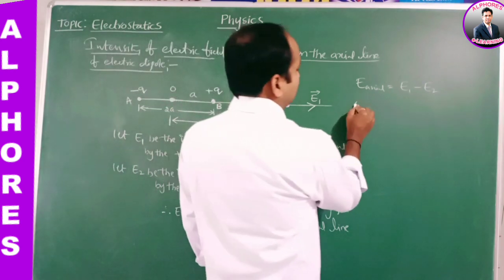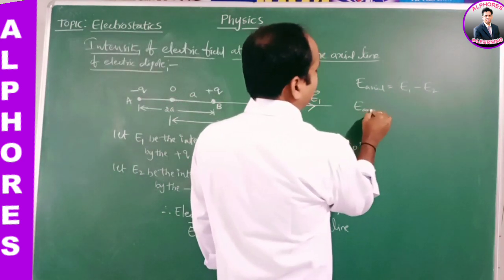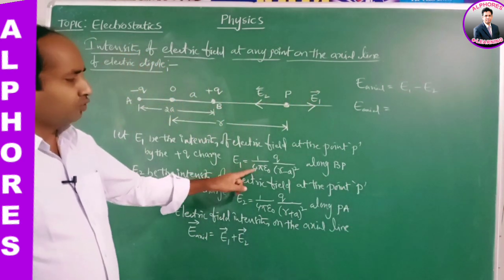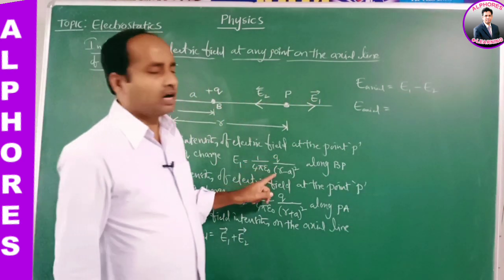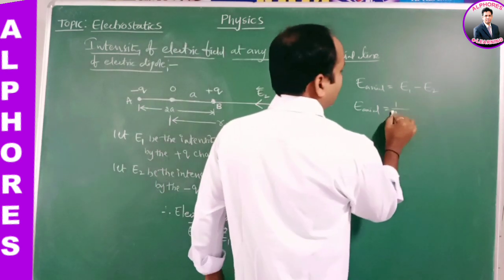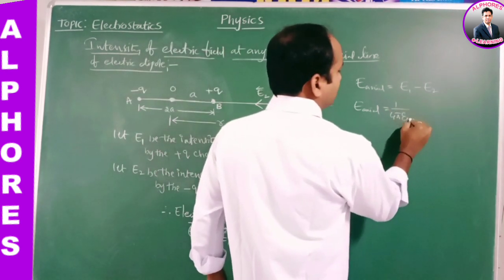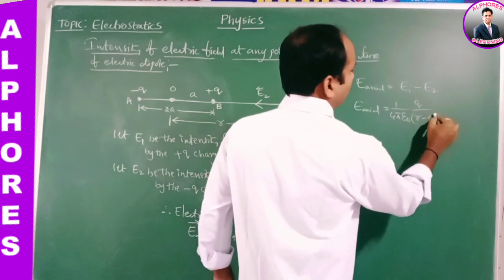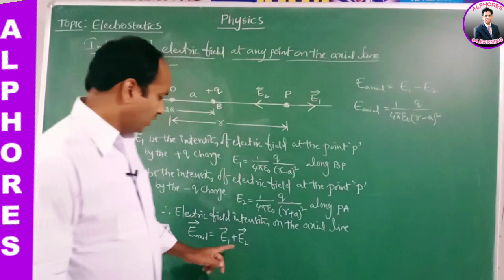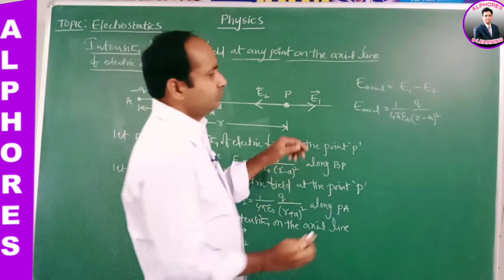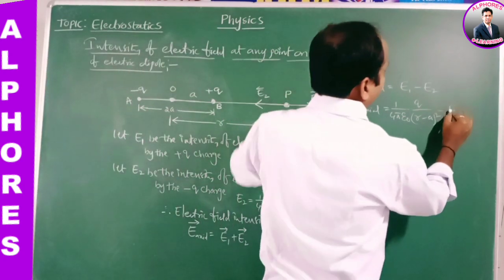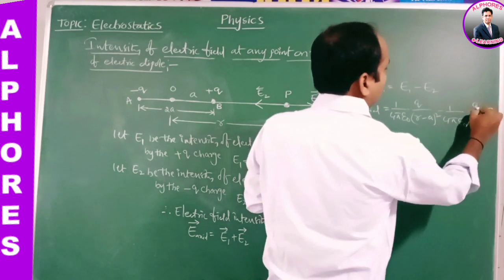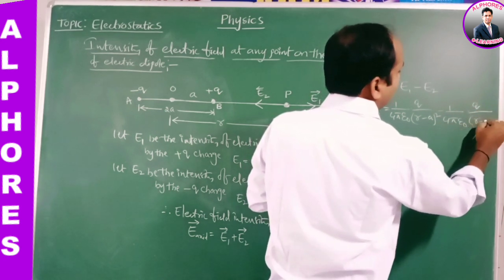What is the value of E1? 1 by 4 pi epsilon naught q by (r minus a) whole square. And what is the value of E2? 1 by 4 pi epsilon naught q by (r plus a) whole square.